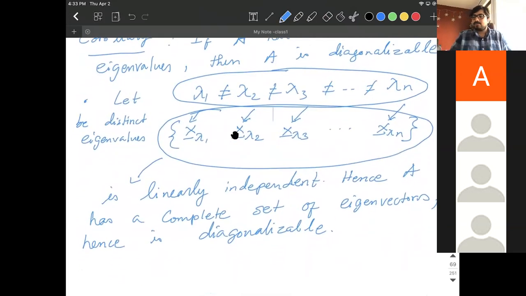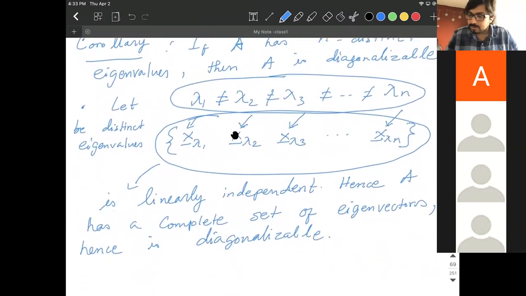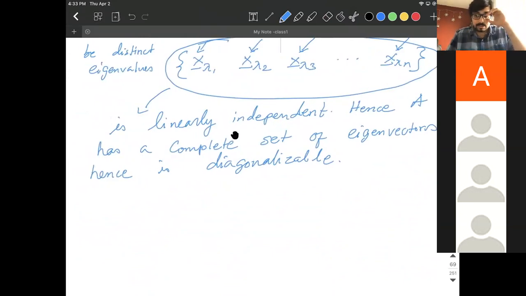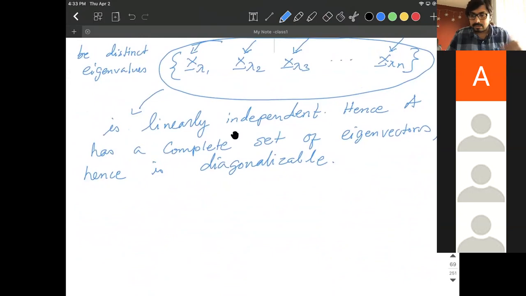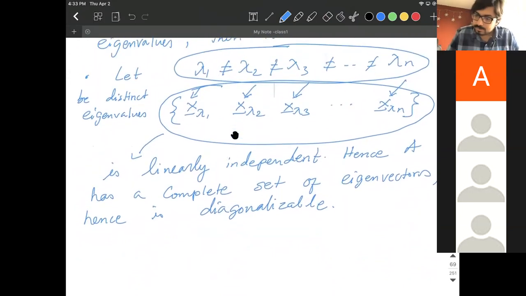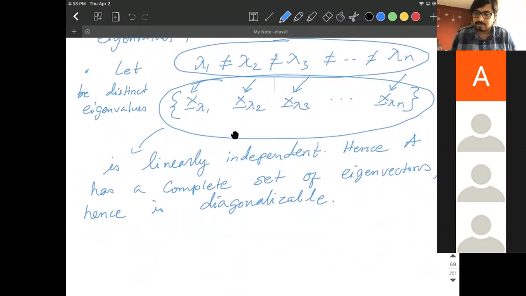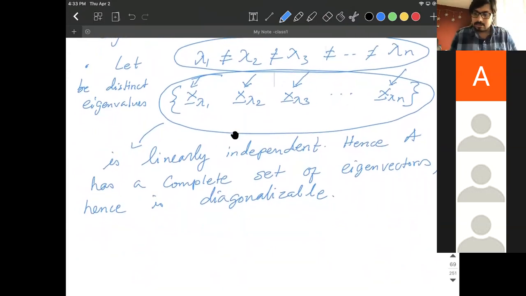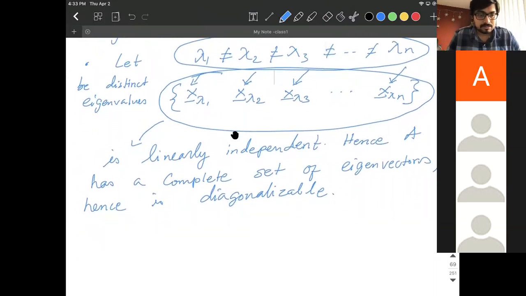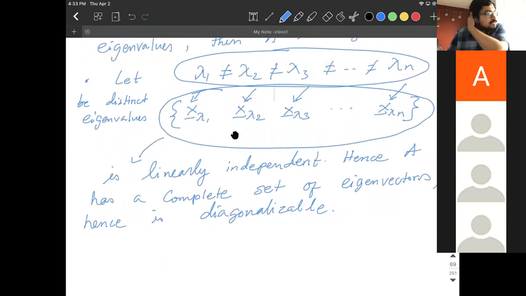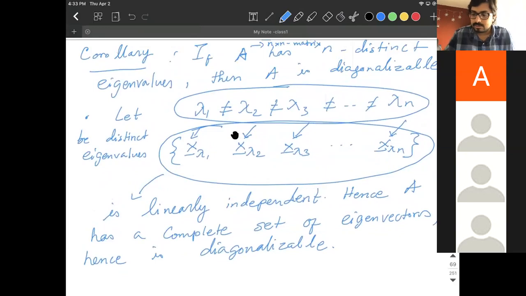At once you can conclude that it's diagonalizable without actually computing the matrices P and D. D is almost obvious because D consists of these eigenvalues in the diagonal position. But for P, you still need to figure out exactly these eigenvectors. But if you are asked to just show whether A is diagonalizable or not, you can use this type of corollary or this type of fact.